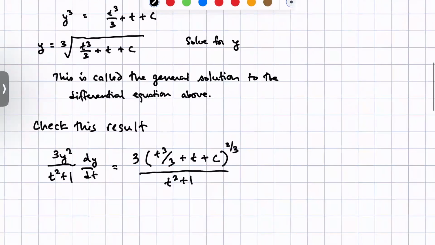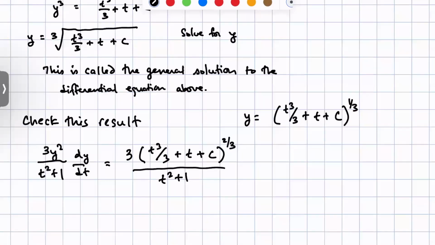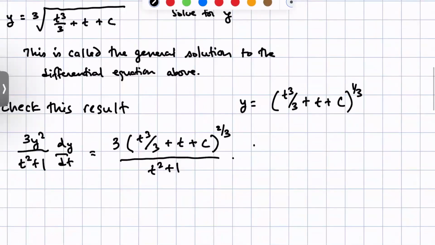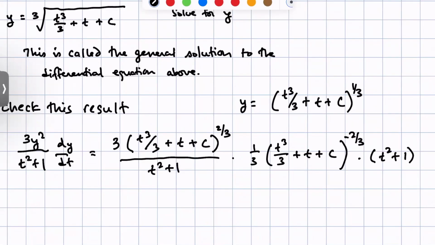And then I need to take dy dt. Now let's remember that y can also be written as t cubed over 3 plus t plus c to the 1/3. The derivative will be 1/3 t cubed over 3 plus t plus c to the negative 2/3. And then I have to take the derivative of the inside, which is t squared plus 1.